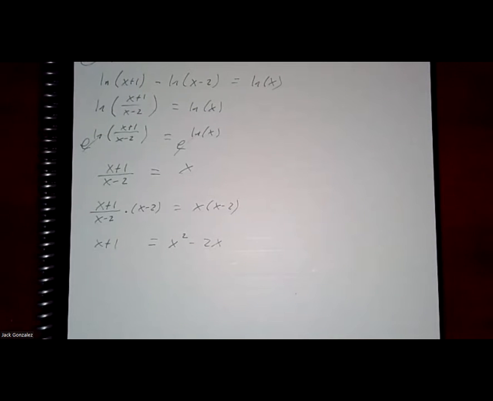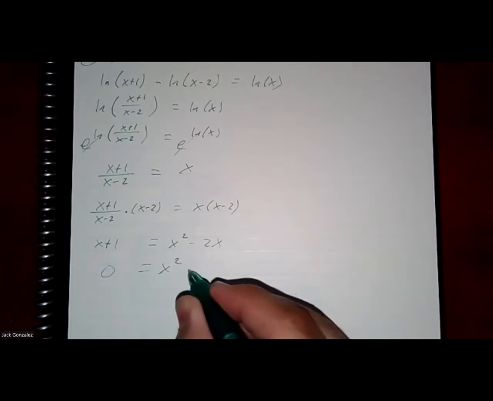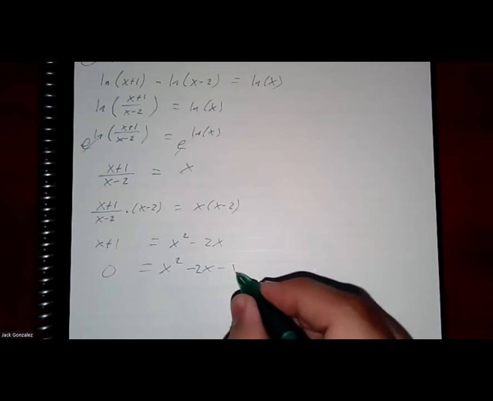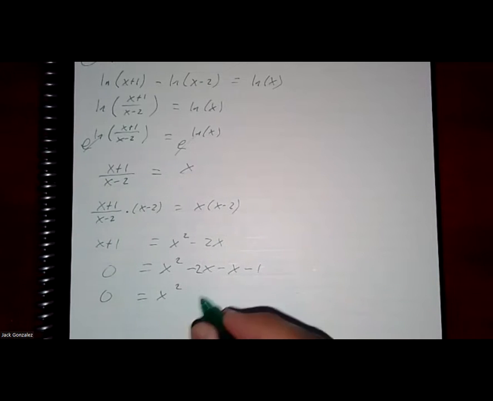Set this equal to 0. Subtract these two terms over there. That'll get us to, no, sorry, minus 2x, minus x, minus 1. So 0 equals x squared minus 3x minus 1.